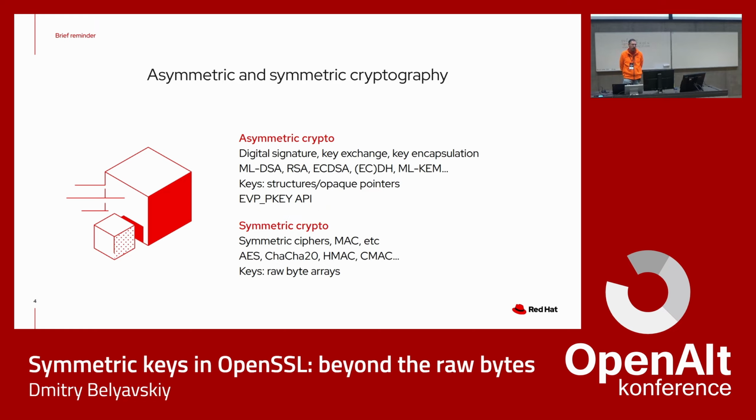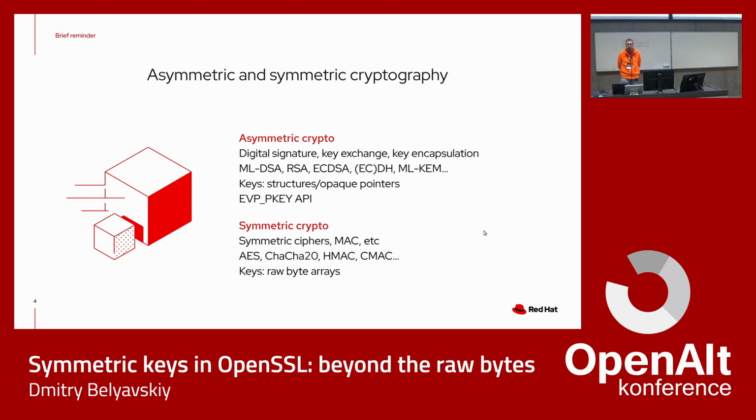Symmetric crypto implies that you have only one key for the operation. It's normally named the secret key, comparing to private. So we have the examples of such algorithms as symmetric ciphers, MACs, etc. So again, you have a list of algorithms on the screen.